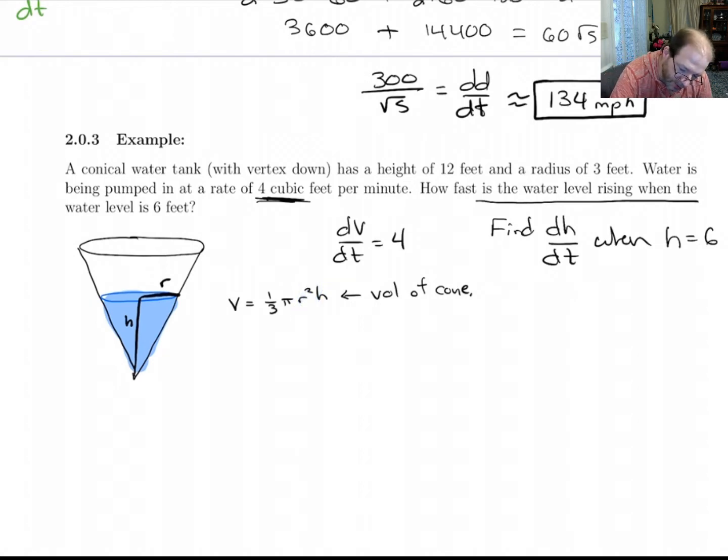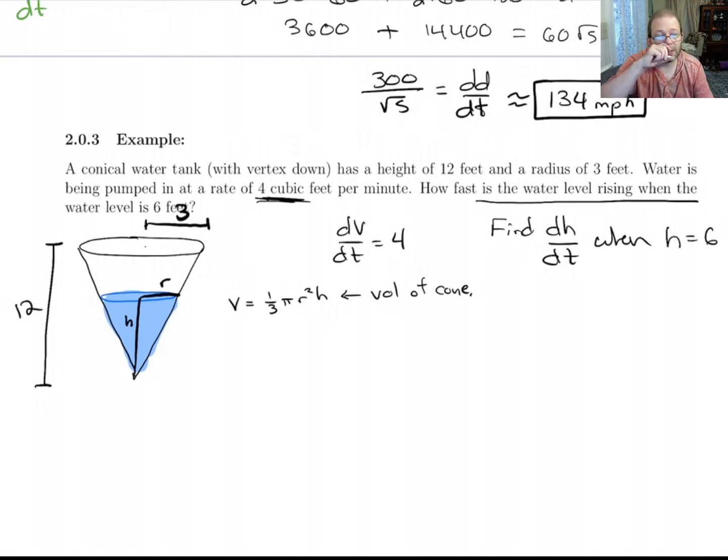Now we can do that using similar triangles. On this tank, the height of the whole tank is 12 feet, and the radius of the whole tank is 3 feet. So using similar triangles, we can say 3/12 is equal to r over h. Now I'm trying to get rid of r, so let's solve this for r.